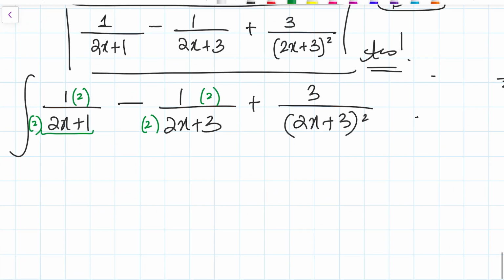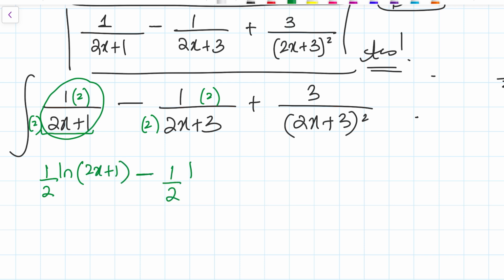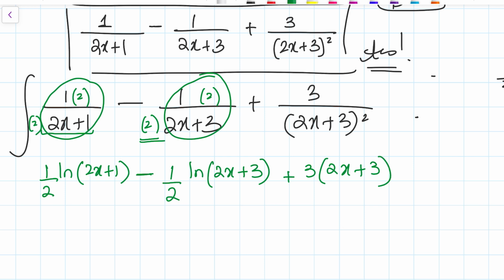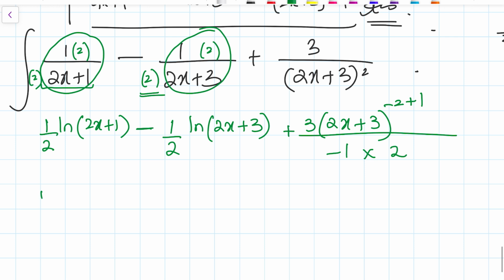Because 2x plus 1 requires a differential of 2. So we introduce it, we don't have a 2 in the numerator. This closes into ln. Minus, again 1 upon 2 ln, because this closes into ln and this is extra, stays outside. 3 into (2x plus 3) to the power minus 2 plus 1, divided by the new power into the differential of the inside expression.